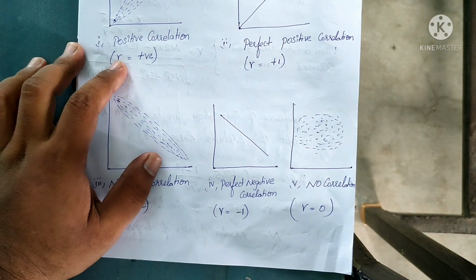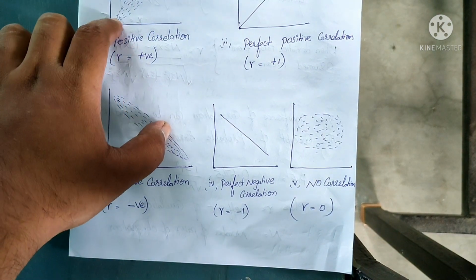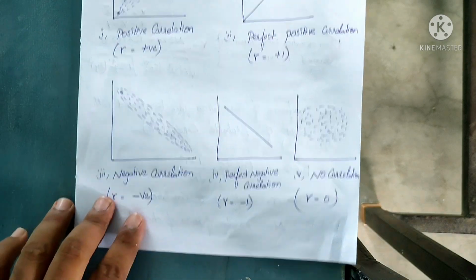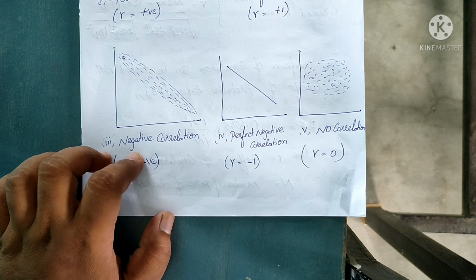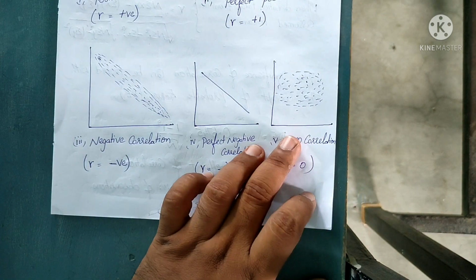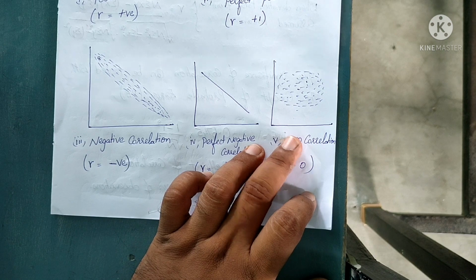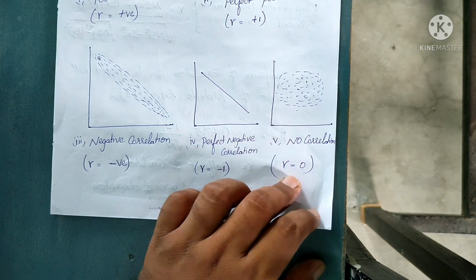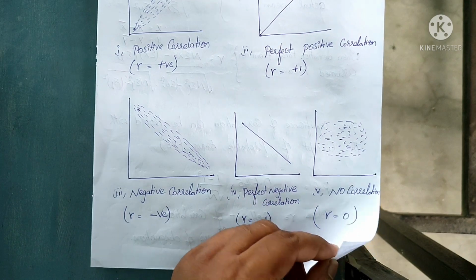So when r value moves in a positive direction from 0, that is called as positive correlation. When r value moves in a negative direction, then it is called as negative correlation. When there is no particular direction, neither positive nor negative, then it is called as no correlation. So this is scatter diagram method.